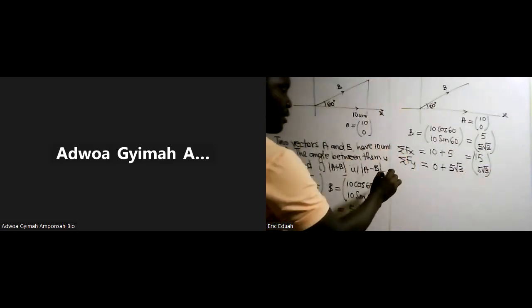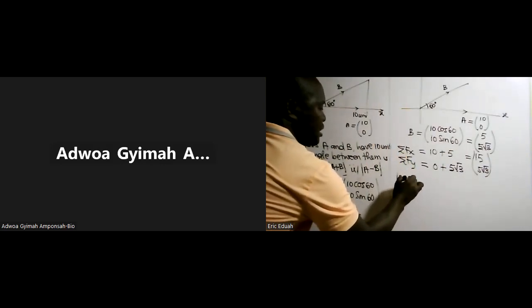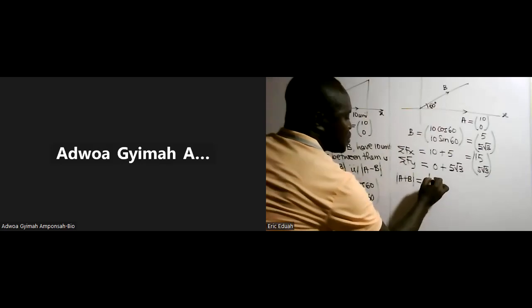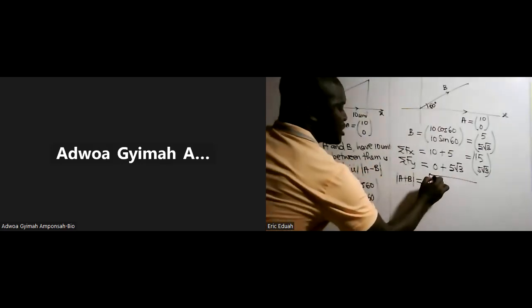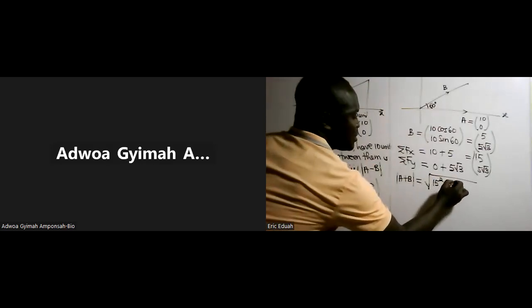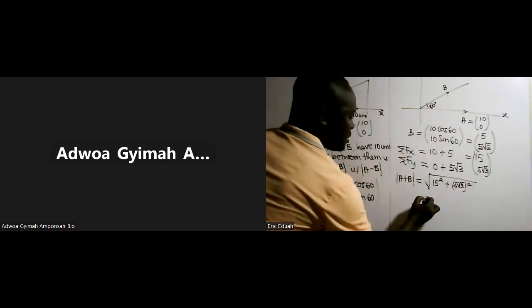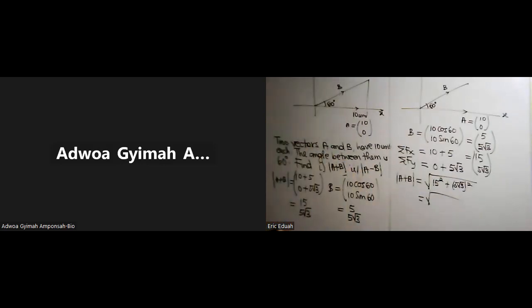Therefore, if I want the magnitude of A plus B, this must be equal to the square root of the x component, 15 squared, plus the y component, 5 root 3 squared. Put them together for me and then tell me the final value.